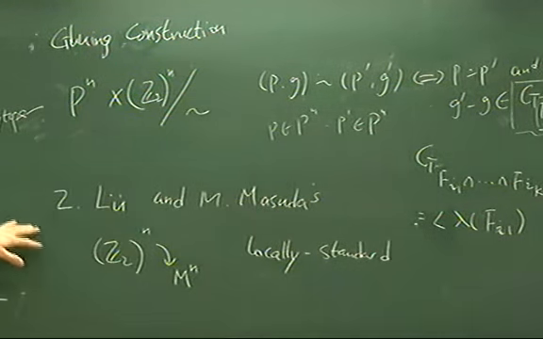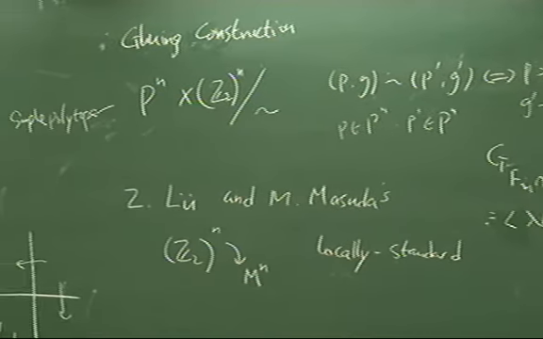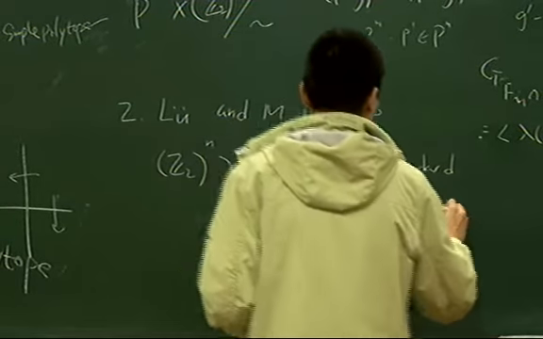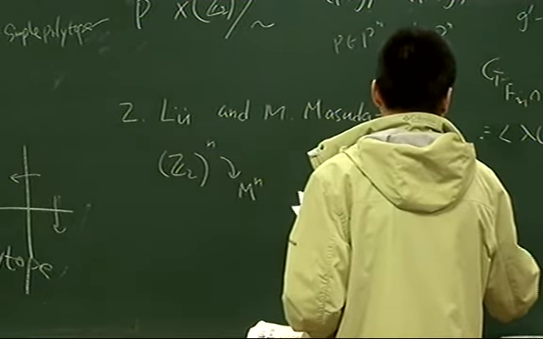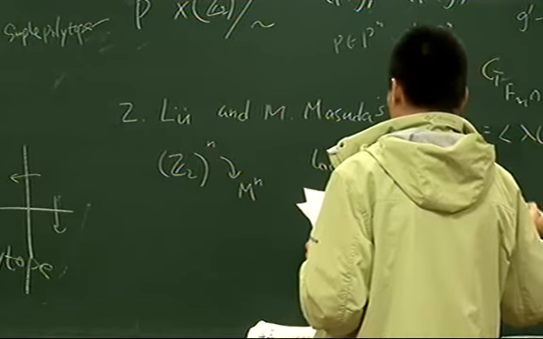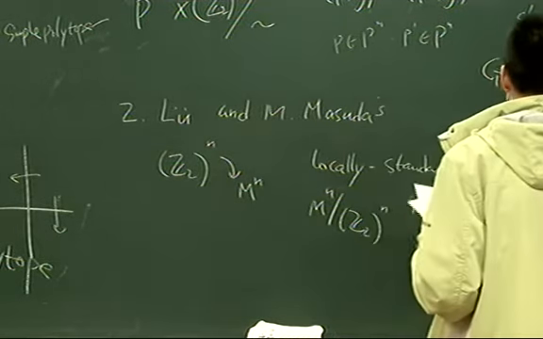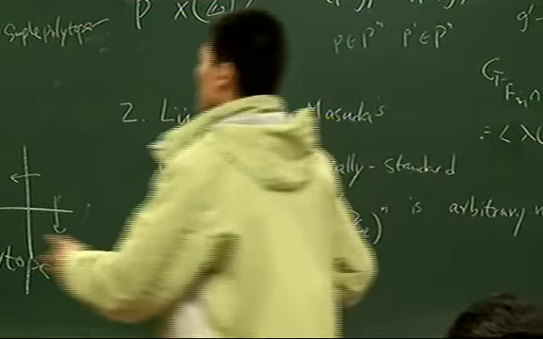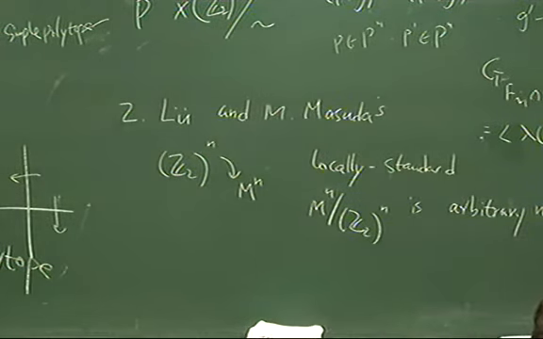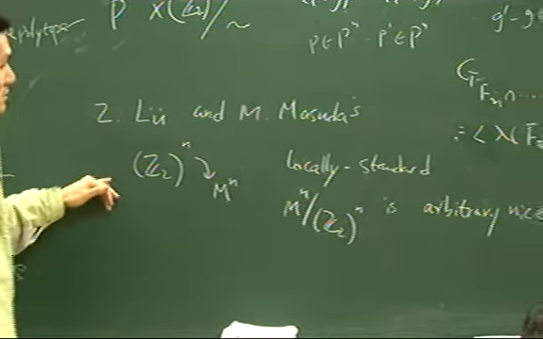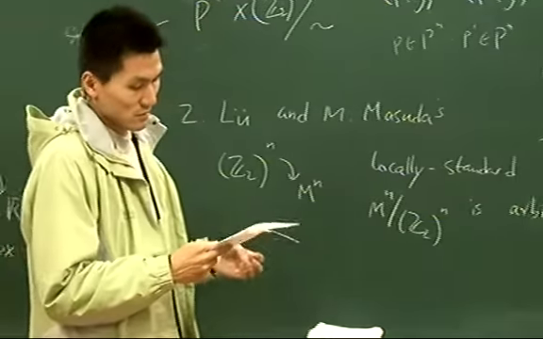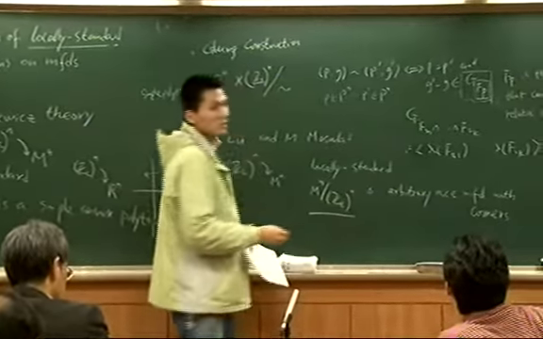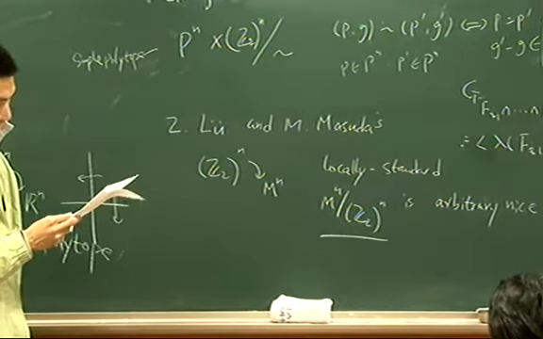The difference between their examples and this is that they do not require the orbit space to be a simple polytope. It is arbitrary; it could be a nice manifold with corners. So here we require the orbit space to be a simple polytope, but they study the case when the orbit space could be a very complicated nice manifold with corners, i.e. this may not be contractible, so it may contain some holes in it.